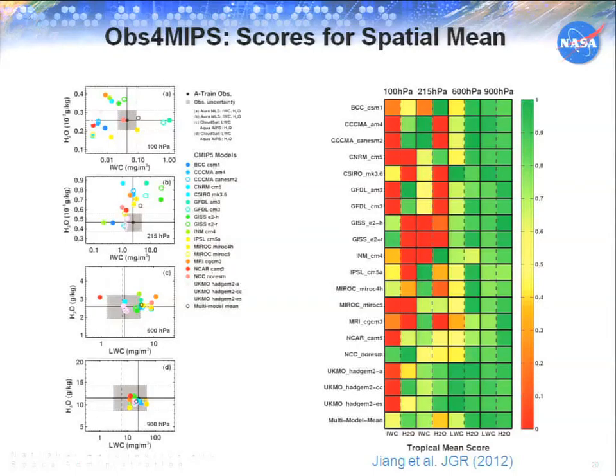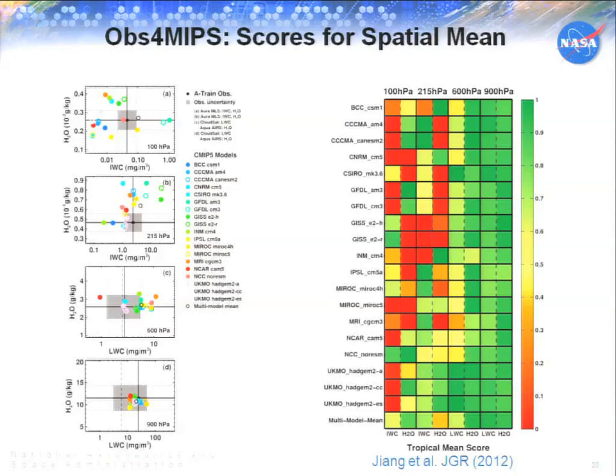realization of the observation. So in this case, from the observation, we define the observation uncertainties, and all those scattered points are from different model results. So they are all over the place. Many of them are outside of the observation uncertainty.